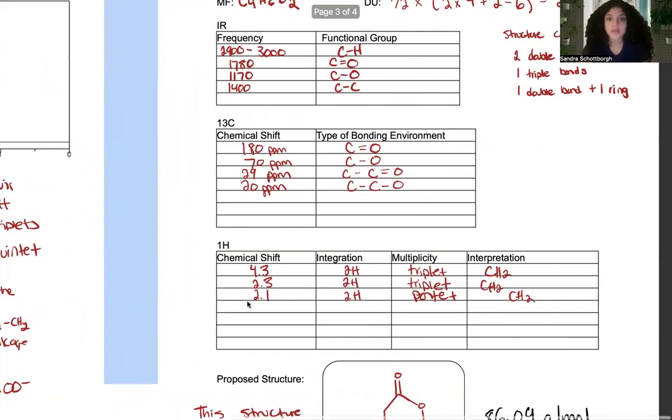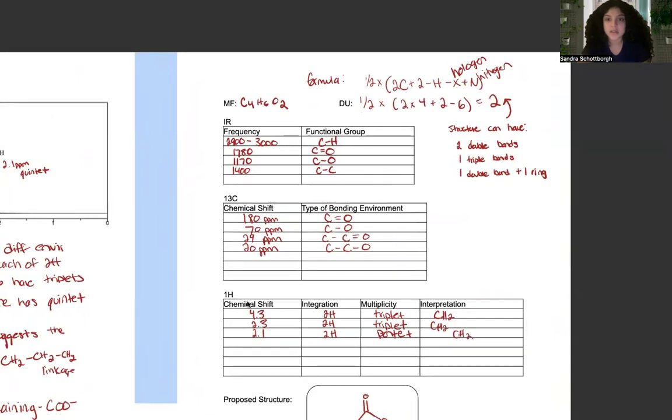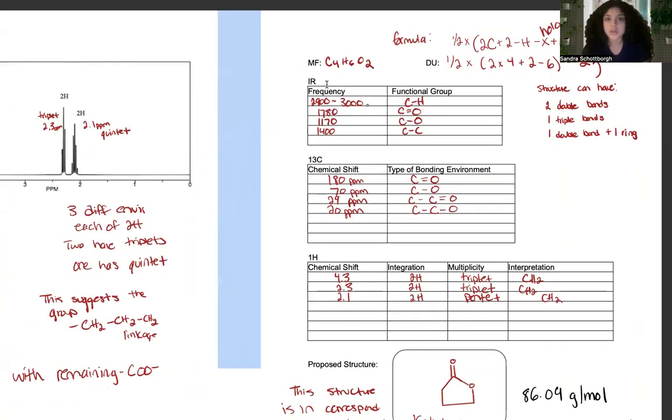And then if we move on over to the tables and calculations, we know that the molecular formula is C4H6O2. If we want to calculate the degrees of unsaturation, the formula would be 1/2 times 2 carbons plus 2 minus however many hydrogens there are minus X, which stands for the halogens, plus N for nitrogens.